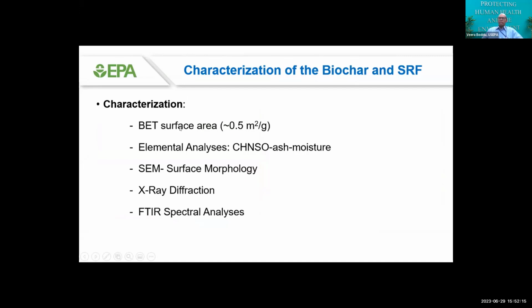The characterization that we have done includes BET surface area, elemental analysis, surface morphology using SEM, and X-ray diffraction to study the crystallinity of these cocoa pod biochars. Also the fertilizer-infused slow-release fertilizer, and of course FTIR spectral analysis.